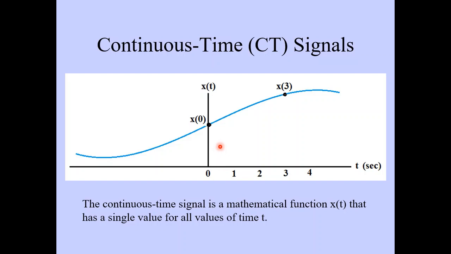So if we want to know what is the value of this signal at time 0, obviously we can just read that off the graph. So this point right here could be represented as x of 0. Likewise, if we want to know what the signal is at 3 seconds, we can read that off the graph right here. And this value, whatever that value is, is designated x of 3.